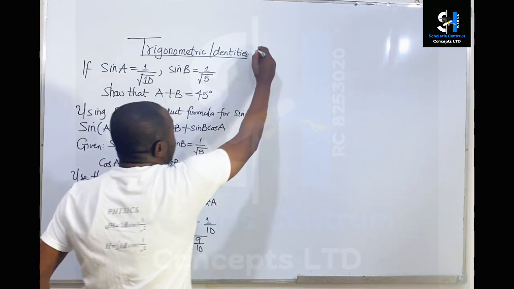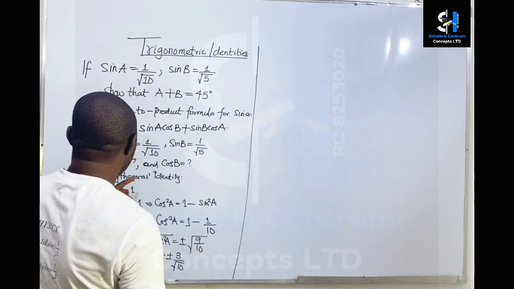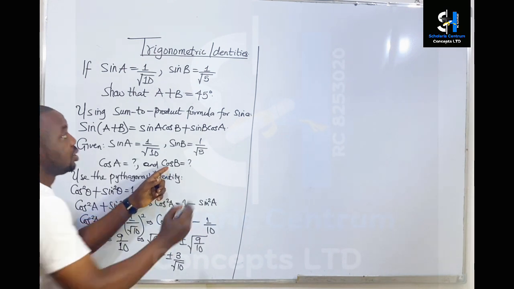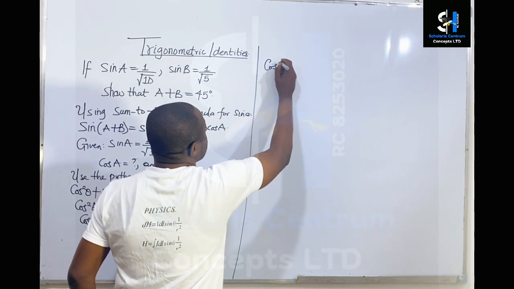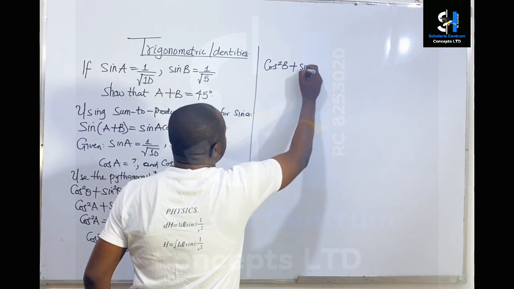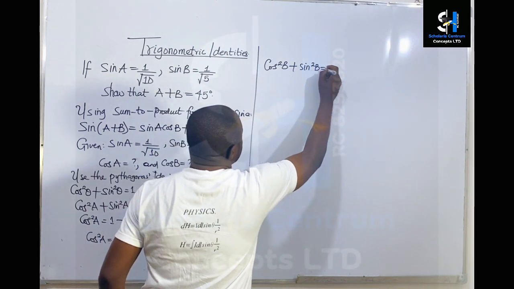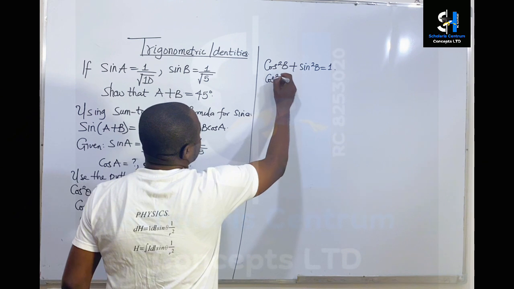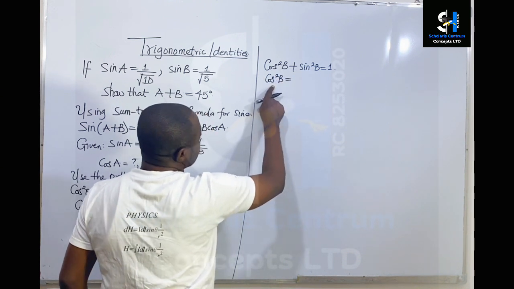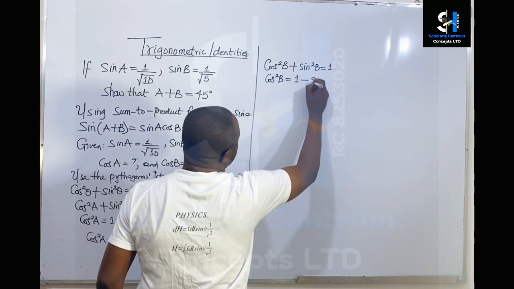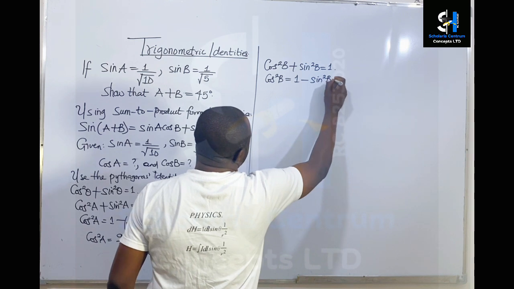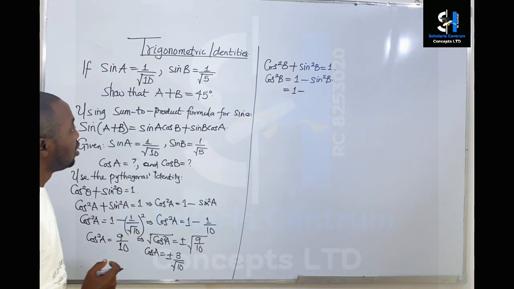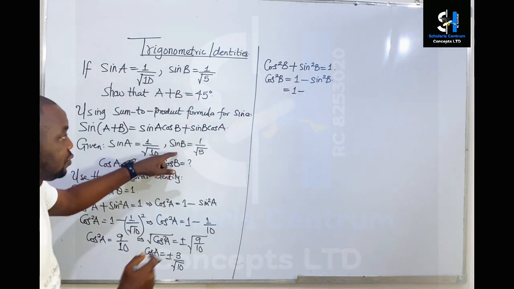All right, then we also need cos B. We need to find the value for cos B. So for cos B, we are using cos² B plus sin² B, and that will be equal to 1. Because we want to obtain the value for cos B, we have cos² B equal to 1 minus sin² B. So this will be 1 minus, what is sine B? 1 over root 5.